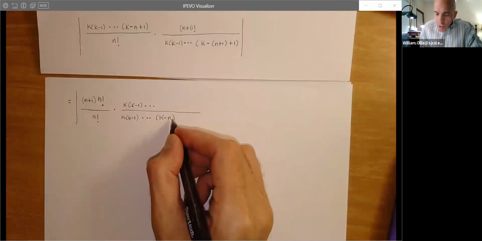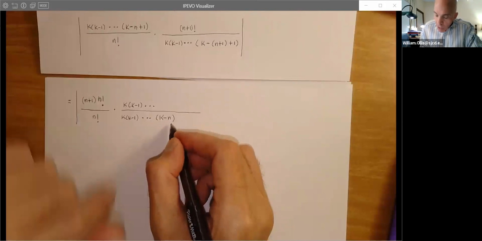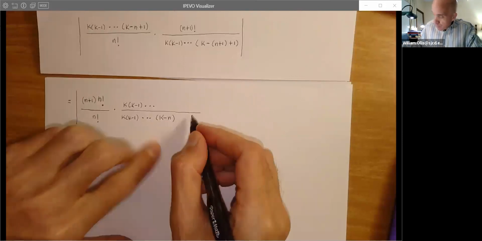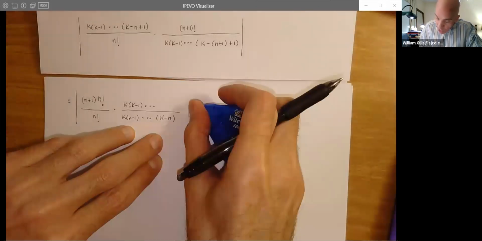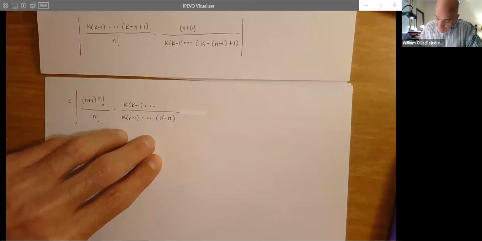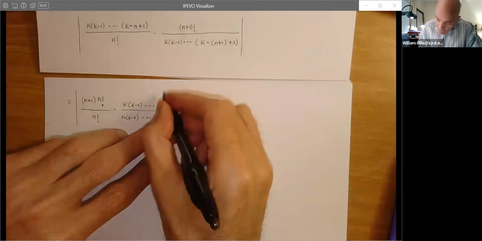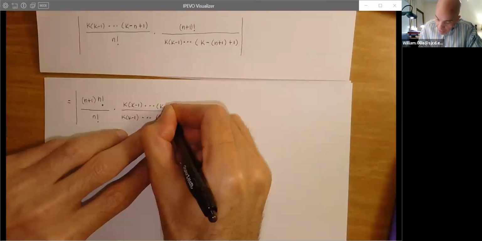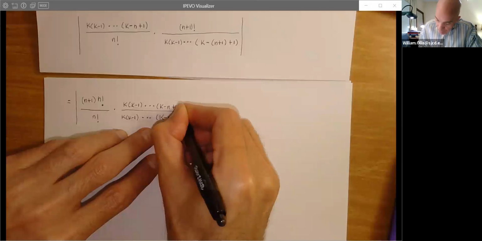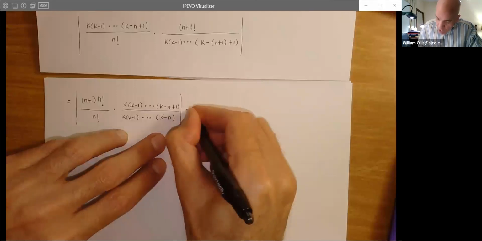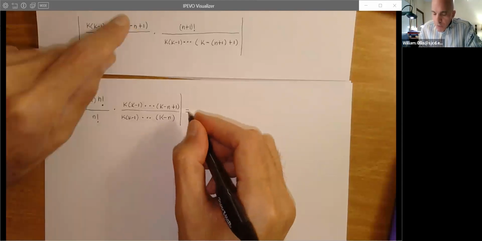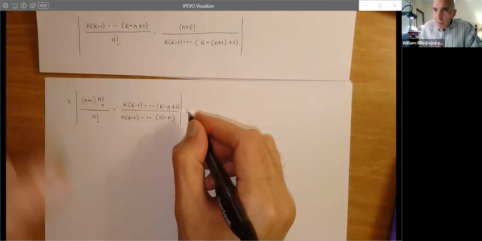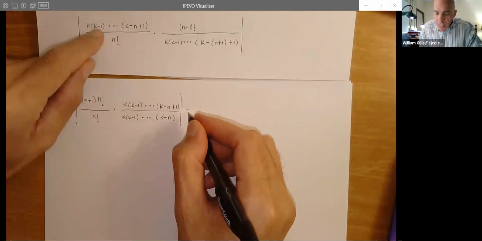So in the next step, I'm going to use that observation. Here I've got k minus n plus 1. The way I've written this is descending, so each factor is 1 less than the previous factor. So this is 1 less than that factor.